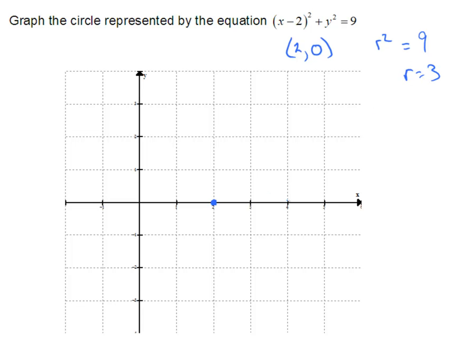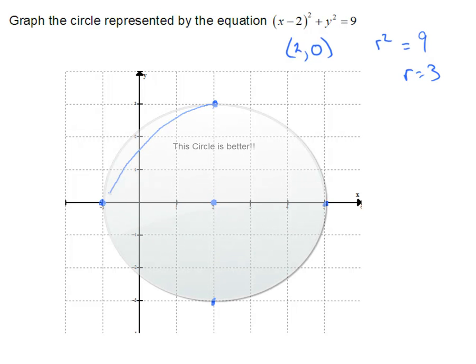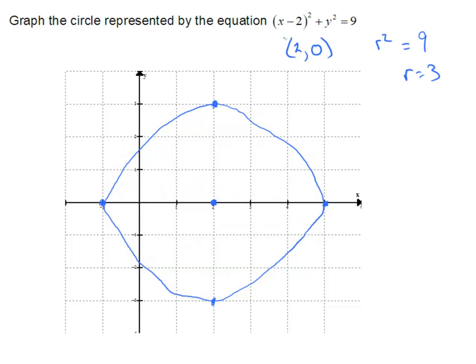And so we have 1, 2, 3 units this way, 1, 2, 3 units this way, 1, 2, 3 units this way, 1, 2, 3 units this way. And the circle goes through each of those. So we'll try to draw a circle, and that's not the nicest circle ever, but you get the idea. It should be a smooth circle, but that's as best as I can get there. So there we go. That's the circle that's represented by that equation.